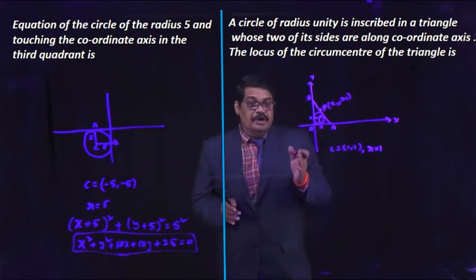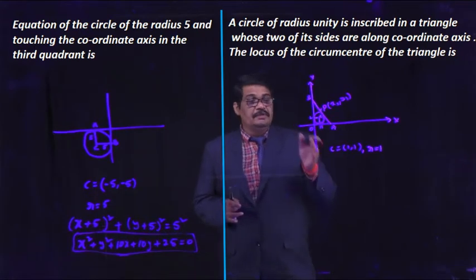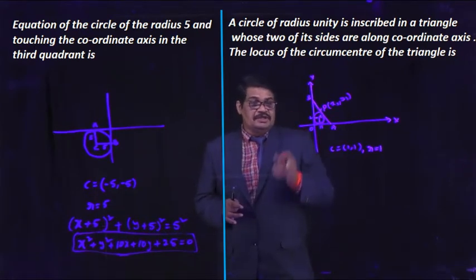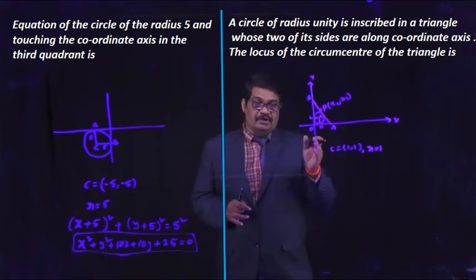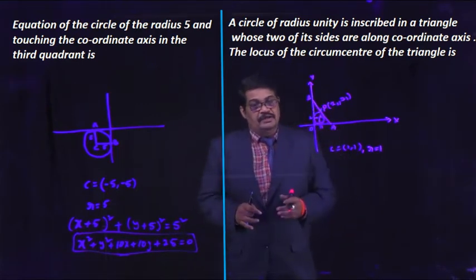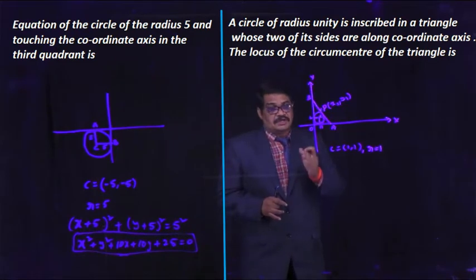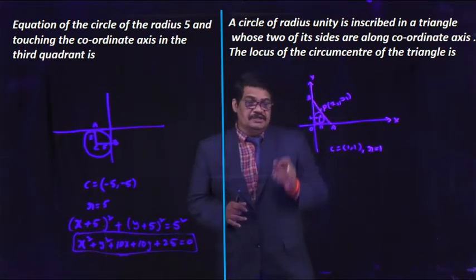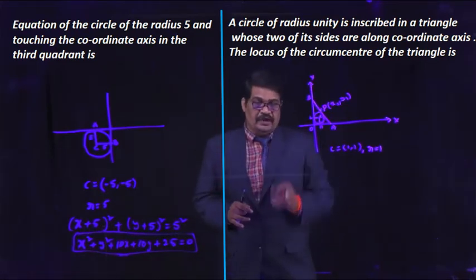That is the midpoint of the hypotenuse. Here AB is the hypotenuse. Say P, x1 comma y1, is the midpoint of the line AB. That is the circumcenter of the triangle OAB. Now we have to find the locus of P.